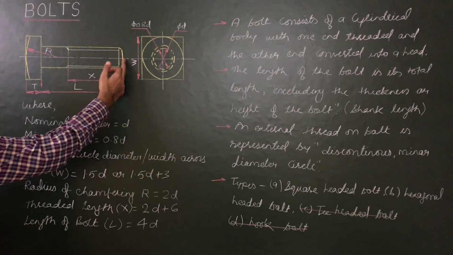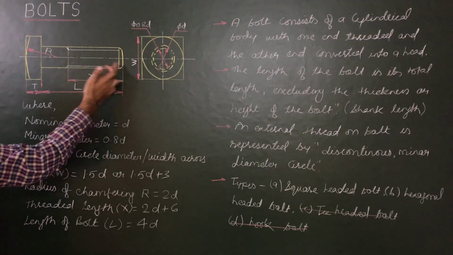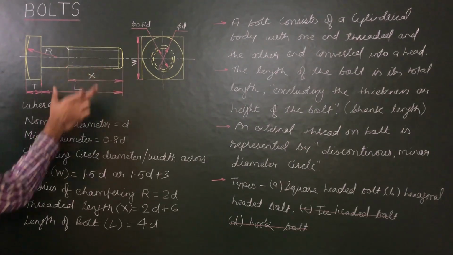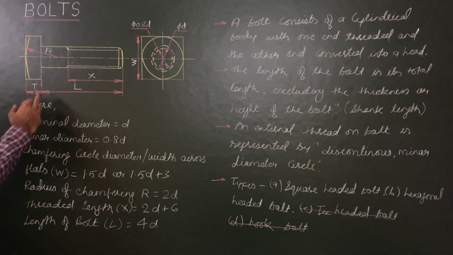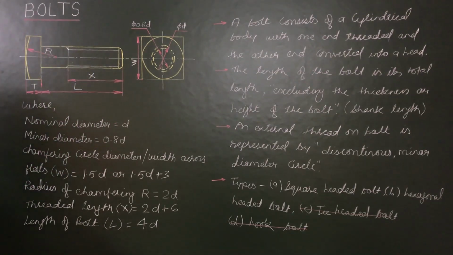From the tail end, this length is the threaded length, so from the tail end to this point, this is the threaded length. Threaded length is 2D plus 6. Next, last, length of bolt L. Length of bolt is 4 of D, 4 times the nominal diameter of the bolt.